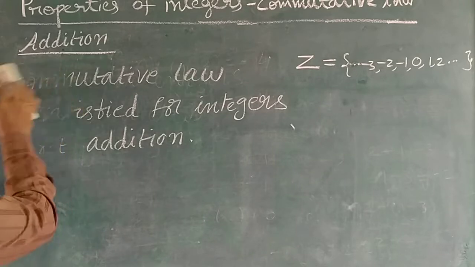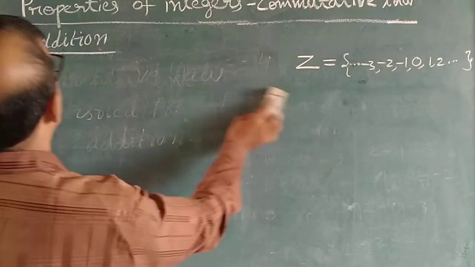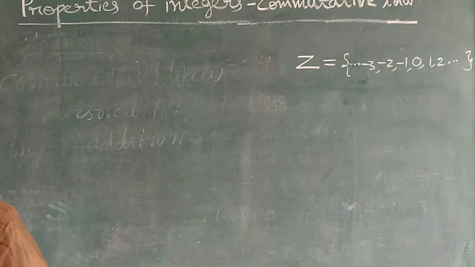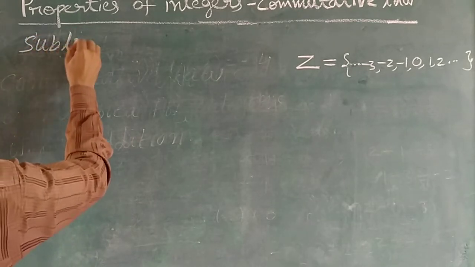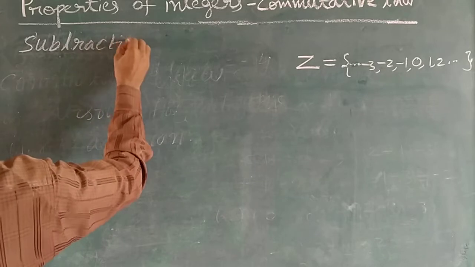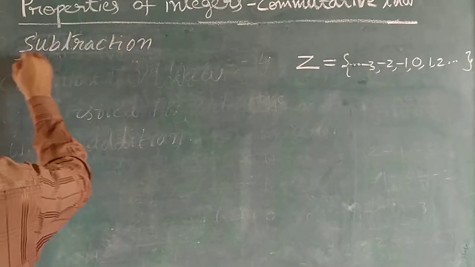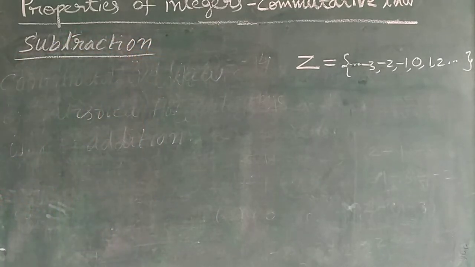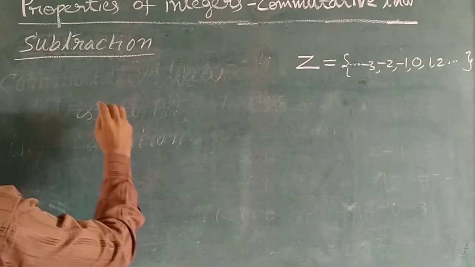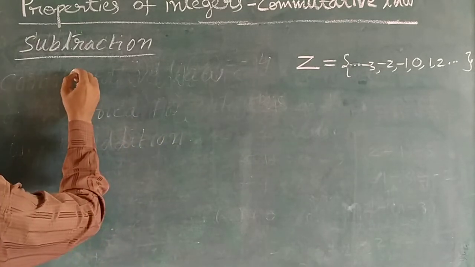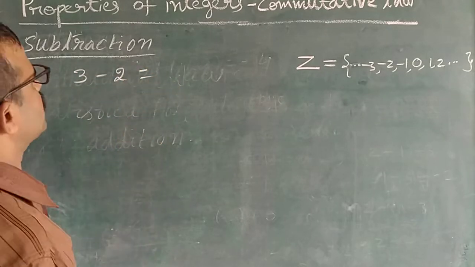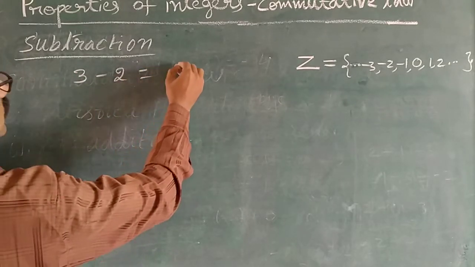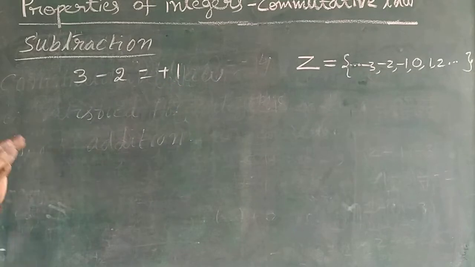Next operation, subtraction. If you take any two integers from the set of integers, suppose 3 and 2, take 3 minus 2. 3 minus 2 equals what? 3 minus 2 is 1, that is plus 1.